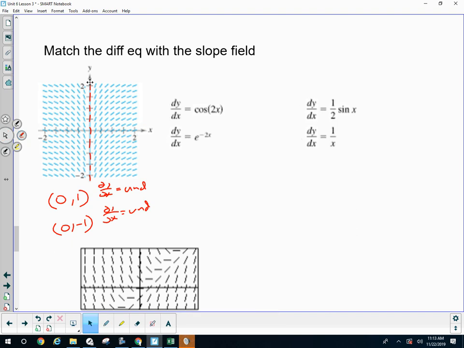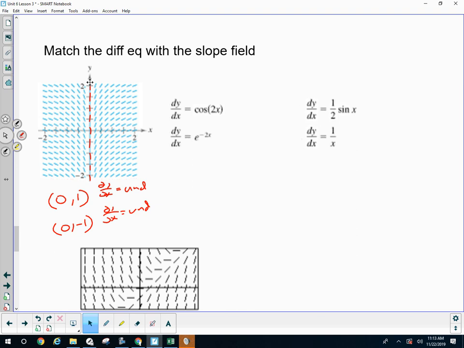Which one of these will that occur for? Discuss with your neighbors. If I plug in 0 for x, I should get something that's undefined.